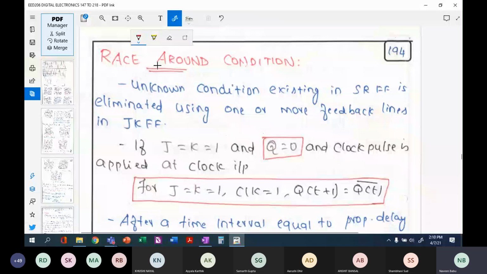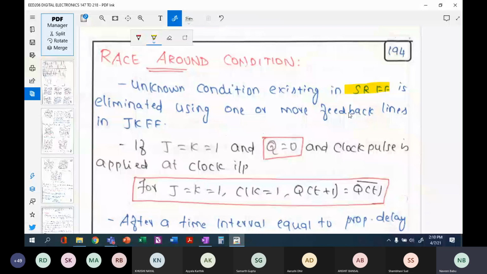So what is a race around condition? We know that in the SR flip-flop, whenever you had SR equal to 1, 1, because of that, we modified the SR flip-flop with a feedback line, which gave you the JK flip-flop.